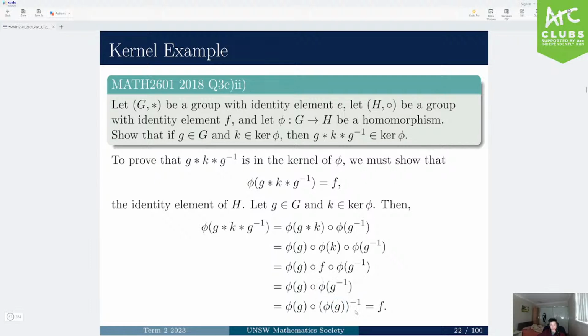So inverse maps to inverse, and hence phi of g multiplied by its inverse just gets us the identity element f back. And we have proved that phi of g times k times g inverse gets us f. And that essentially proves that this element is inside the kernel of phi.